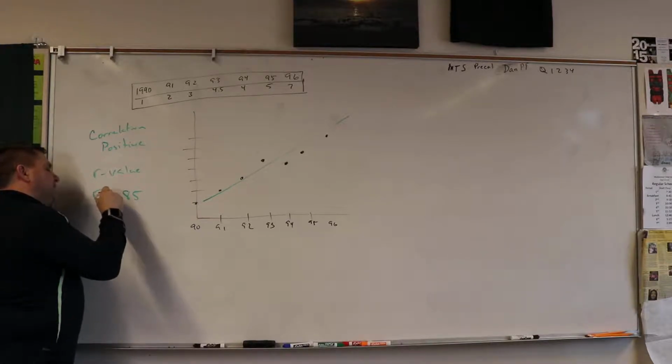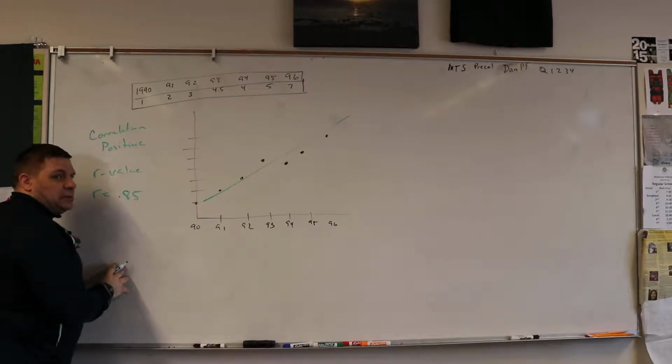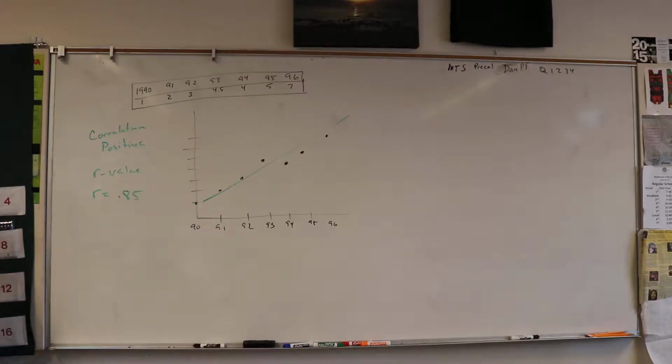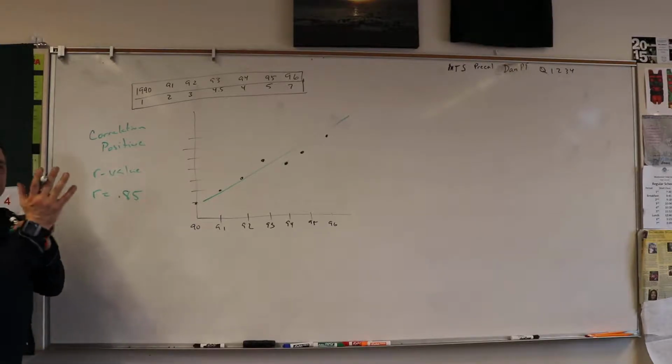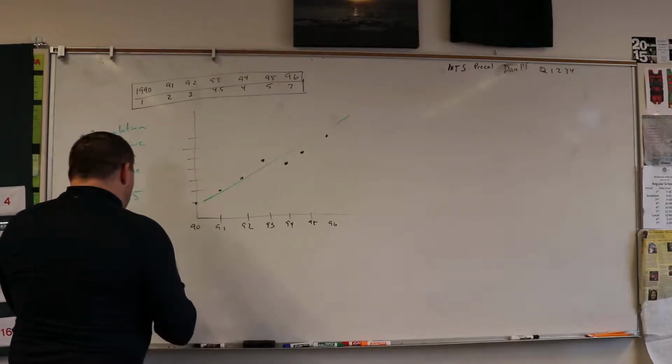That's fine. So I would take 0.9, I would take 0.8. 0.7 is too far away, and obviously it's not a 1. But it is really tight.